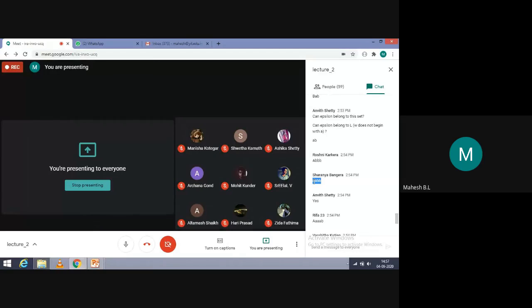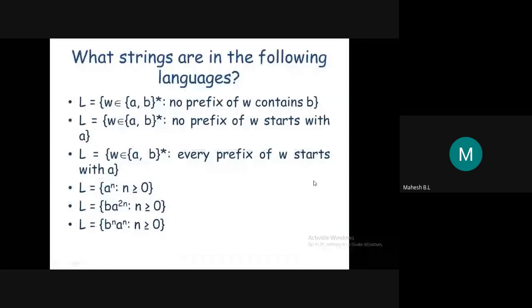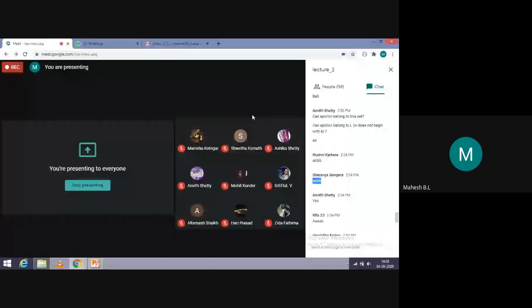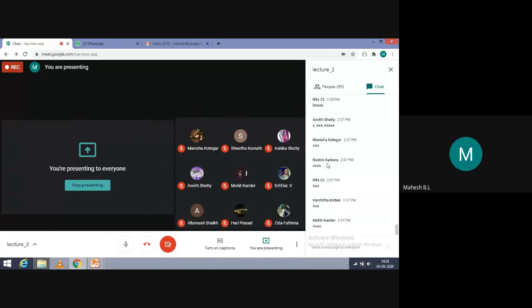Epsilon is a prefix, A is a prefix, AA is a prefix, AAB is a prefix, AABB is also a prefix. In the last two prefixes, AAB and AABB, B is present. The condition is that no prefix of W contains B. A prefix will not contain B only if B's are not there in the string. That's why the string contains only A's.